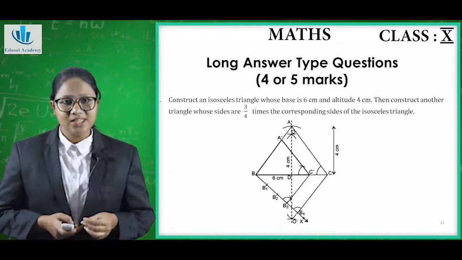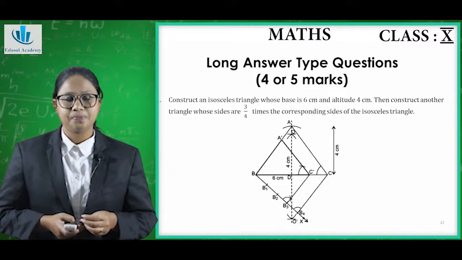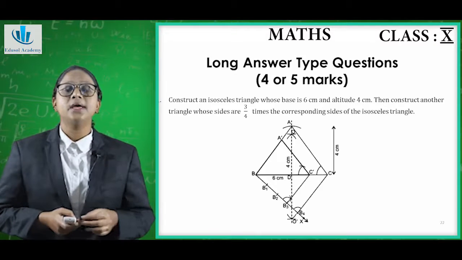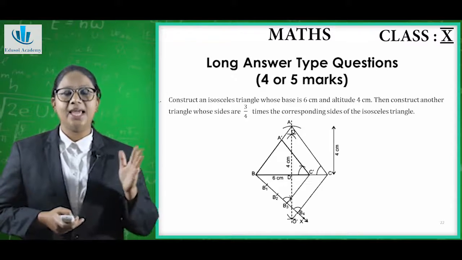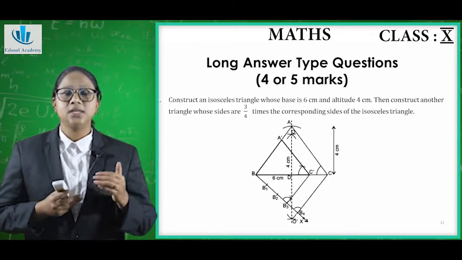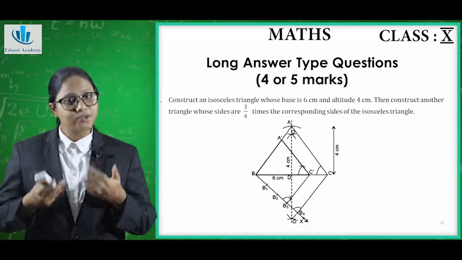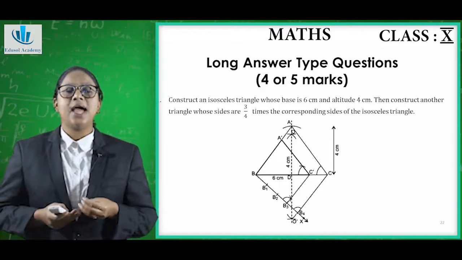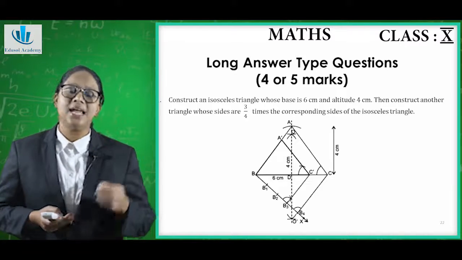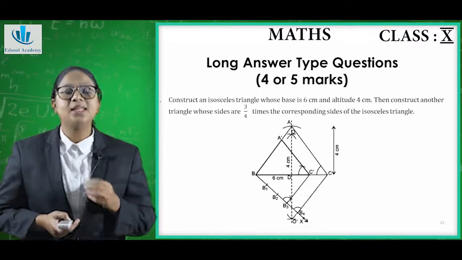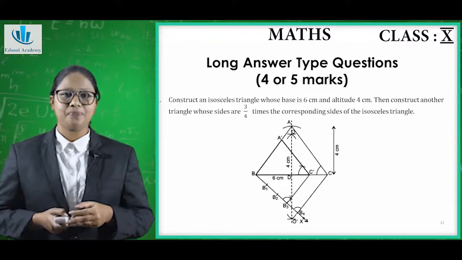Now let the new point be named C dash. Now from C dash draw another line towards the BA side so that that line is parallel to CA. You know how to construct parallel lines. Name the new point as A dash. So A dash, B, C dash will be the required similar triangle.